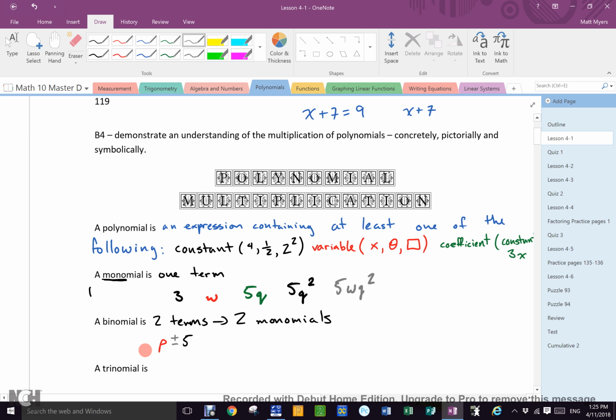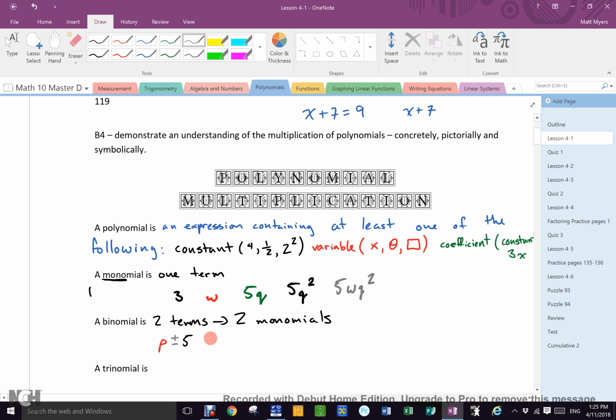P equals 6. Done. But if P equals 6, does this change the value at the end? Yeah, it makes it either 11 or 1, right? So this is what goes between terms. Everybody with me? So as long as there's a plus or a minus between each, you have a binomial.